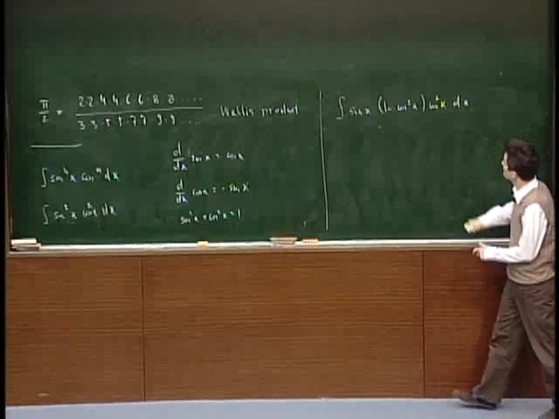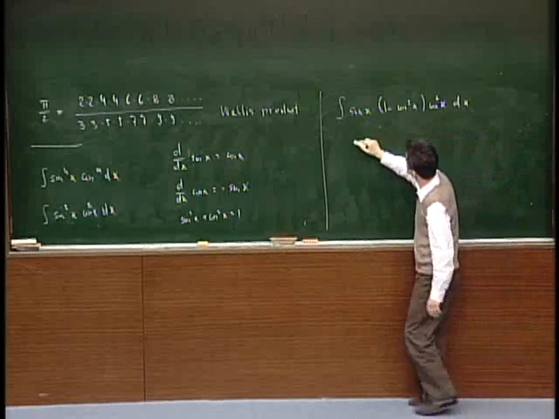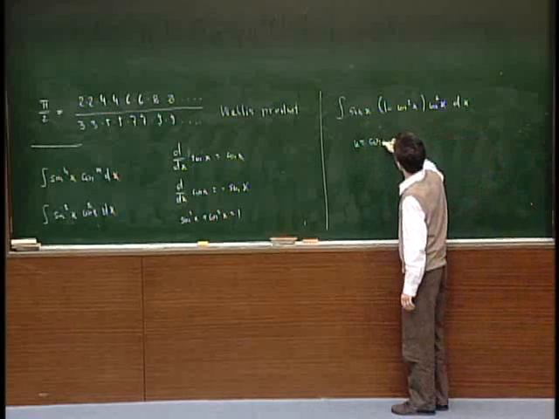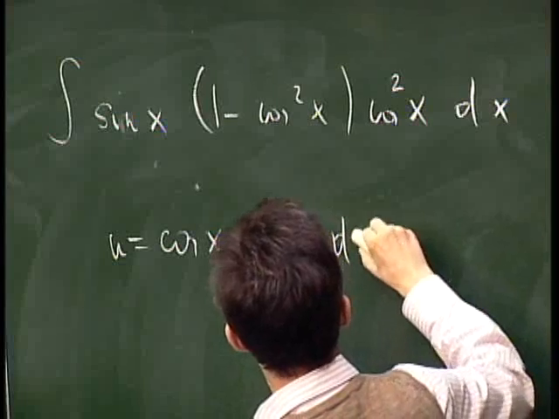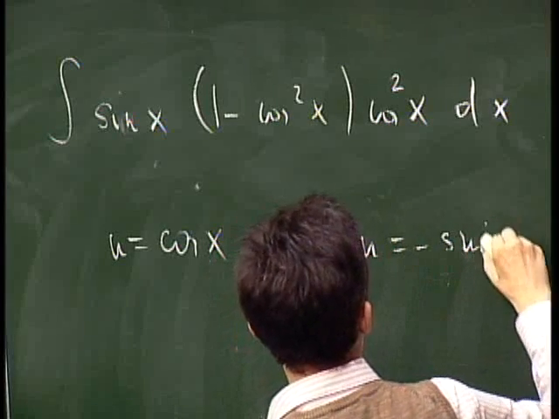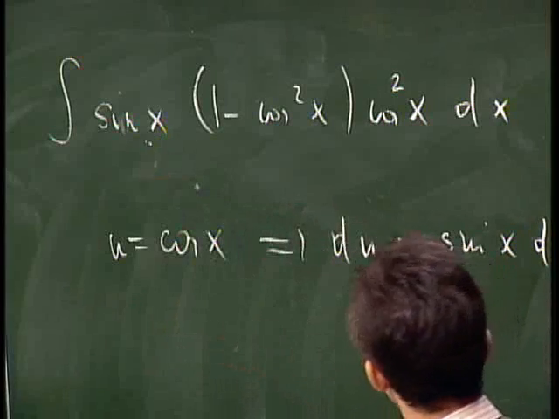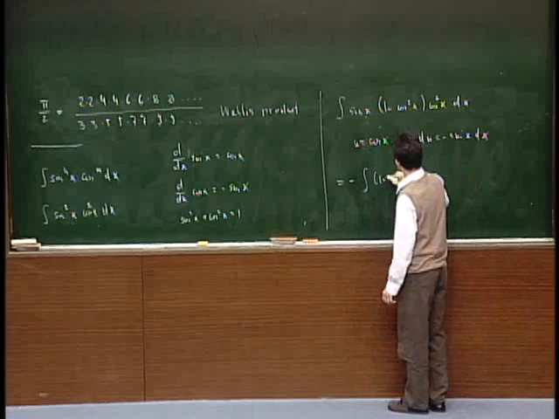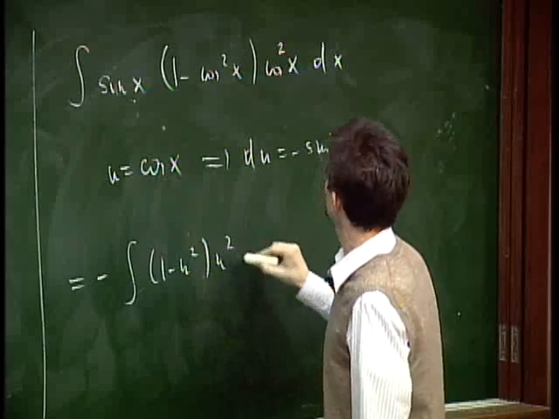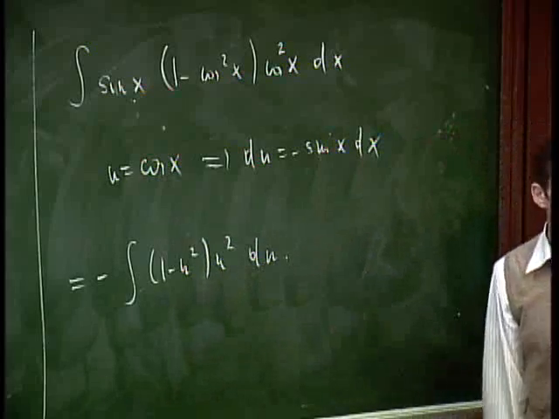So you see what remains is something in cosine, okay? And now what you do is you make this substitution here, because the derivative you see here as a multiplicative factor, so everything will become minus the integral of 1 minus u square du. Okay, and this is easy to solve.